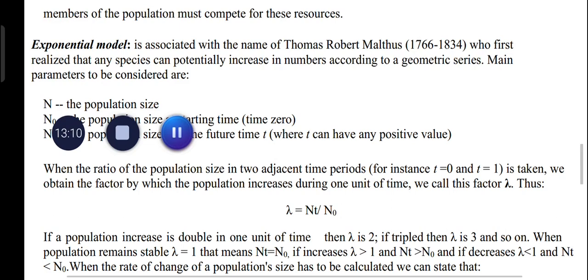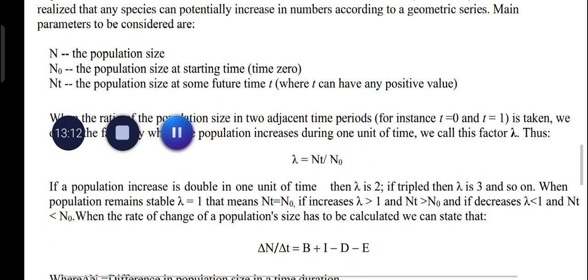The main parameters to be considered are N, the population size, N0, the population size at starting time, and Nt, the population size at some future time.